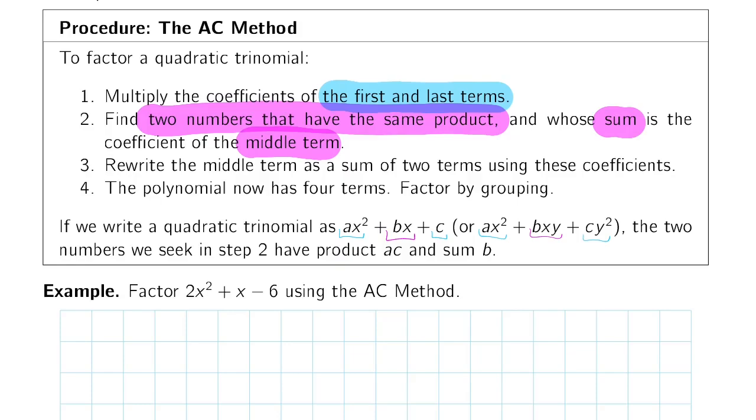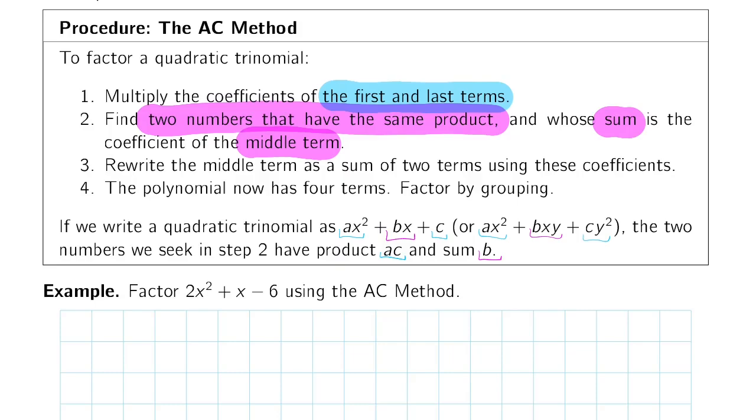Then the two numbers that we're looking for have product a times c and sum b. So we call this the AC method because we multiply A times C in that form. Let's see how this works.